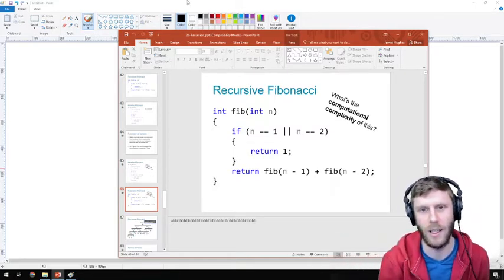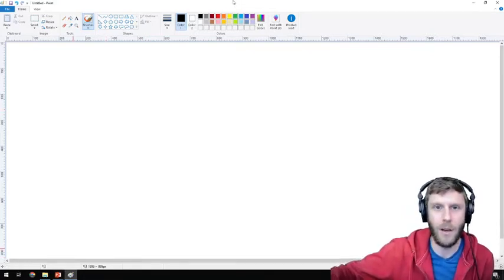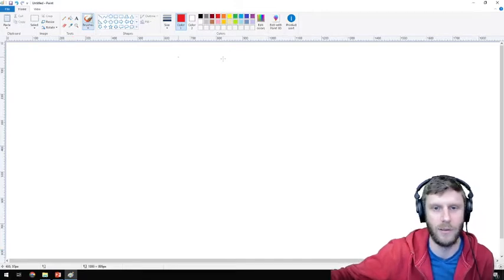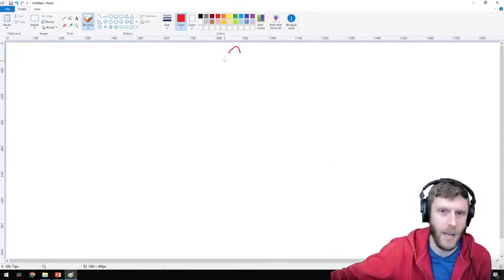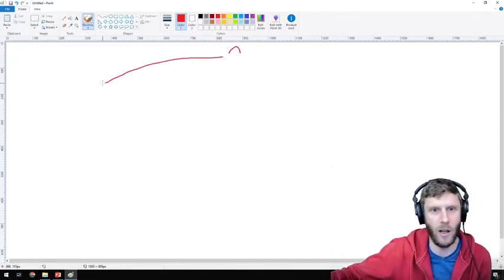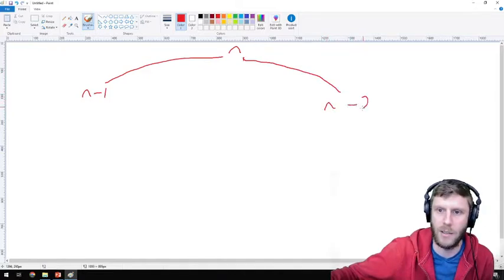So let's think about it. If I call this function with some arbitrary value n, I'm going to make a function call for n minus 1, and then a function call for n minus 2.